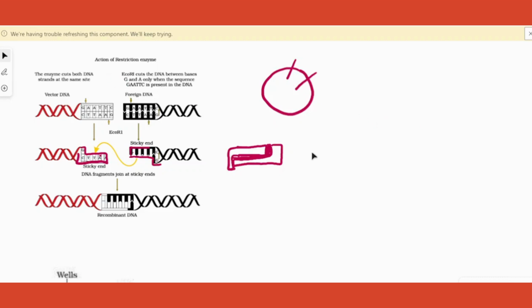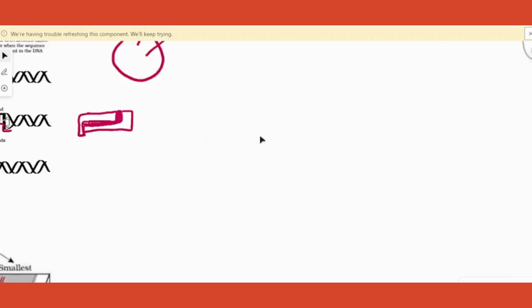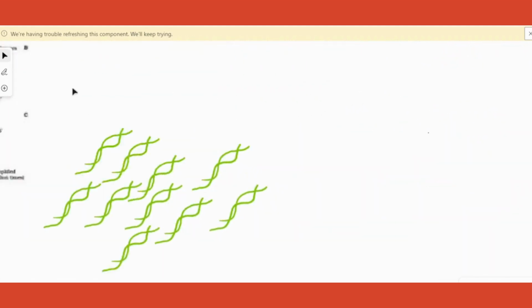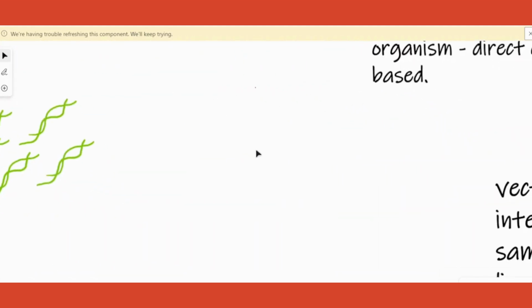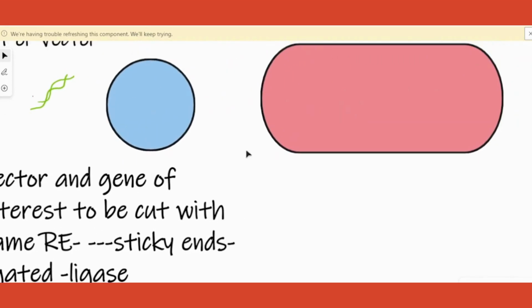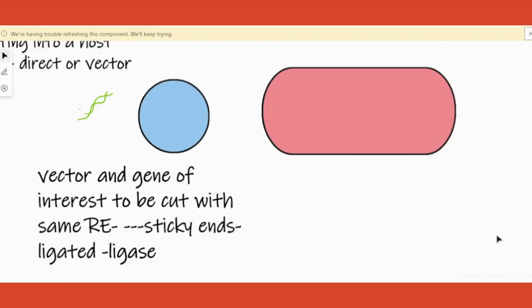So for this process, we need to have a vector which can deliver our gene of interest into an organism. We're not done. Let us say we have started doing that work. Now, let us say I have with me some plasmids, meaning extra chromosomal circular DNA, which I have cut with the restriction enzyme, the same restriction enzyme that I used for cutting our gene of interest also.